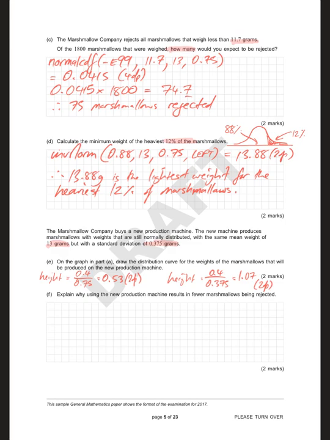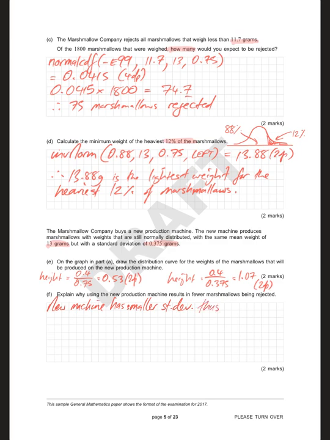F, explain why using the new production machine results in fewer marshmallows being rejected. Well, you can see the reason for that is because it's got a smaller standard deviation. So, new machine has smaller standard deviation.